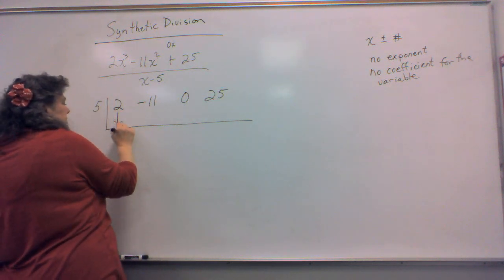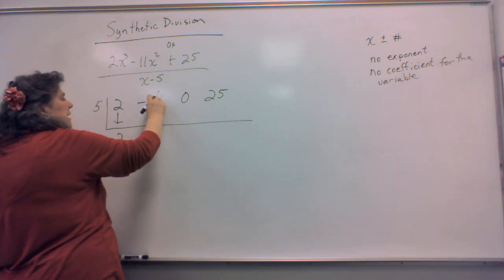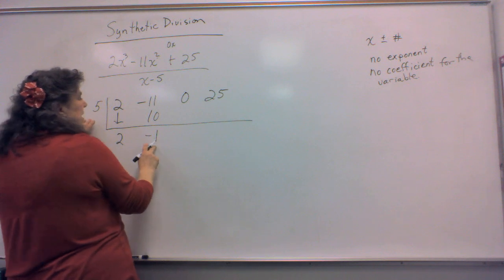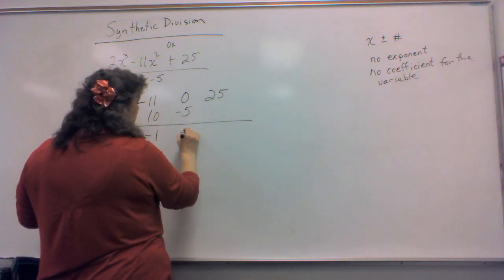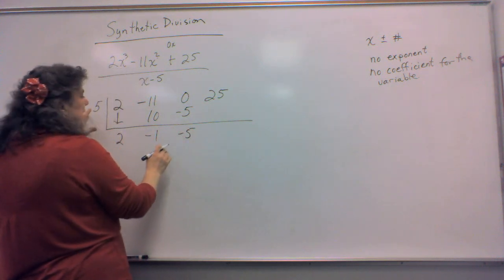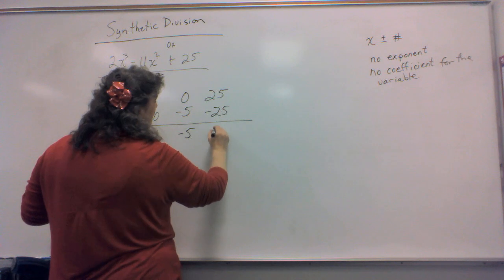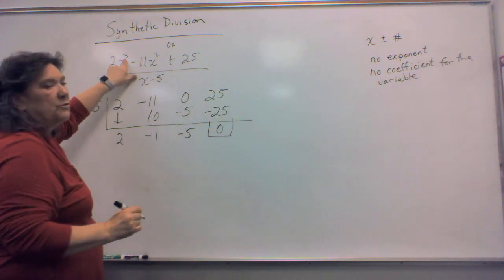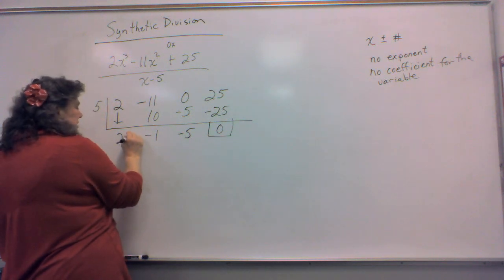So I have 2, negative 11, 0, and 25. Bring down my 2. 5 times 2 is 10. Negative 11 plus 10 is negative 1. 5 times negative 1 is negative 5. 0 plus negative 5 is negative 5. And 5 times negative 5 is negative 25, and 25 minus 25 is 0. No remainder. 3 minus 1 is 2, so this is going to give you 2x squared to start.